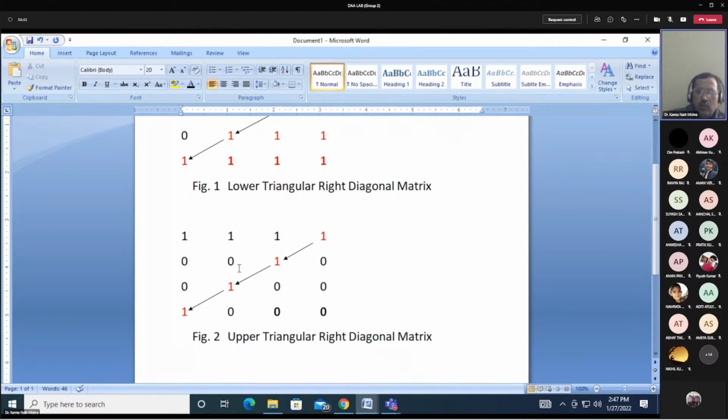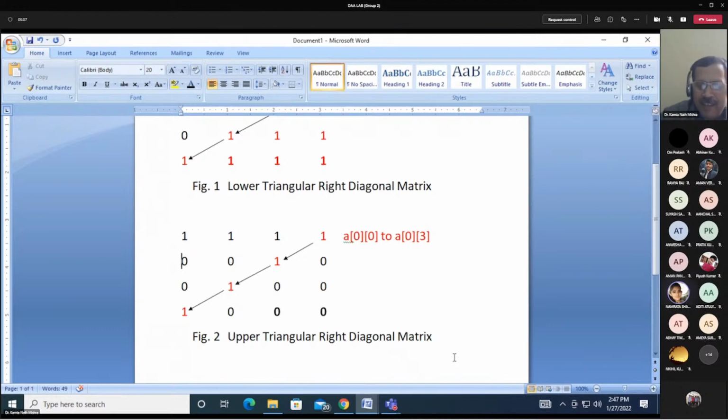And Namrata, in the second row, which values will be non-zero?